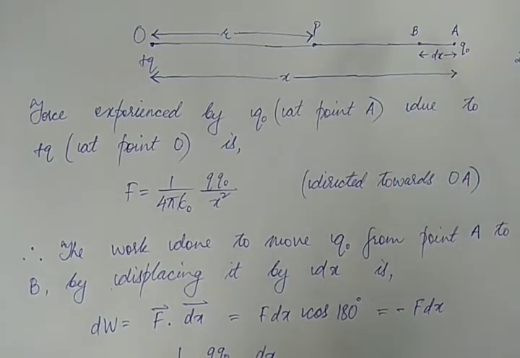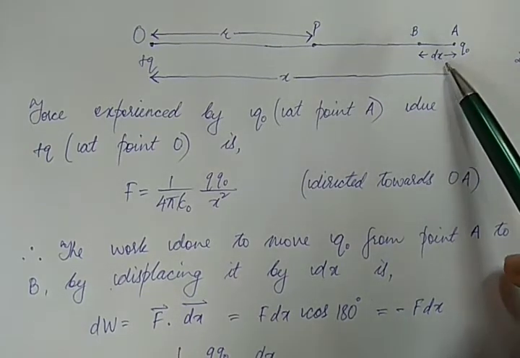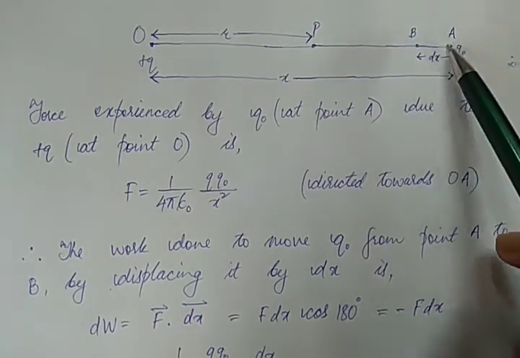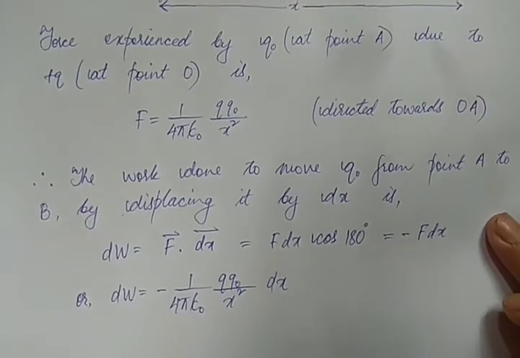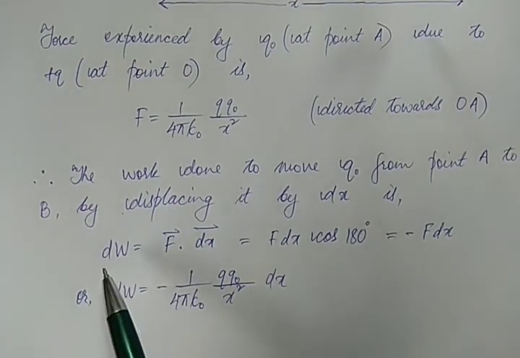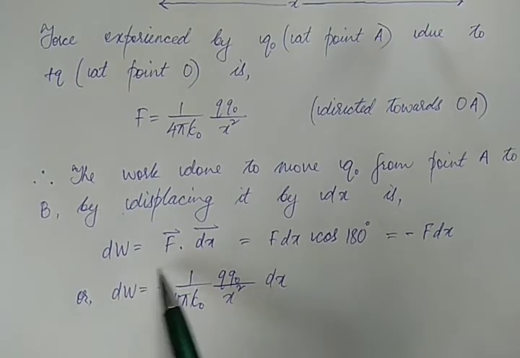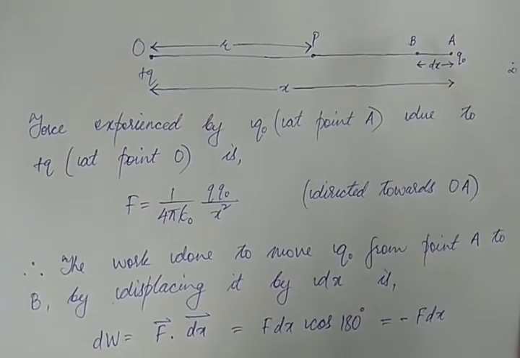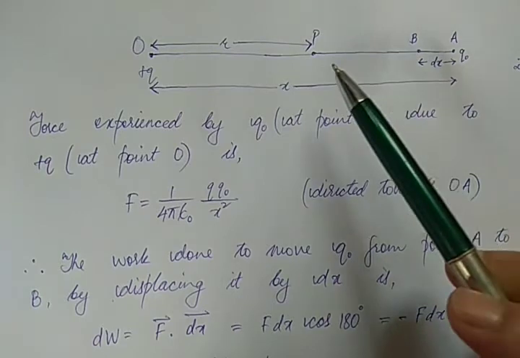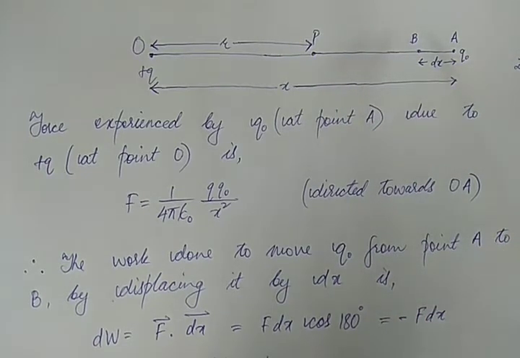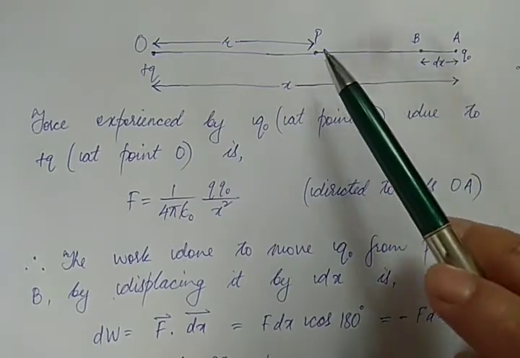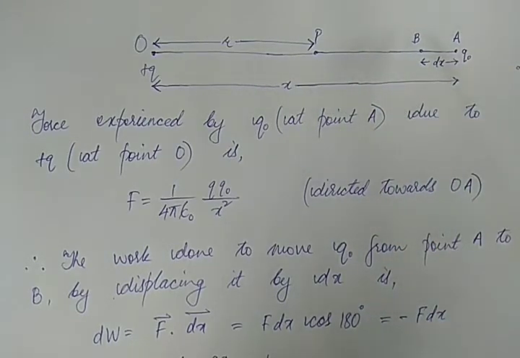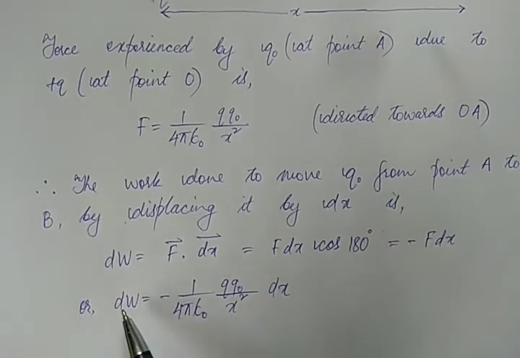By adding up a lot of dx's, or in other words, by doing a lot of dW amounts of work, we can bring q naught from infinity to point P. So we will now calculate the work done to bring q naught from infinity to point P, and it simply is a sum of these kind of small dW's.